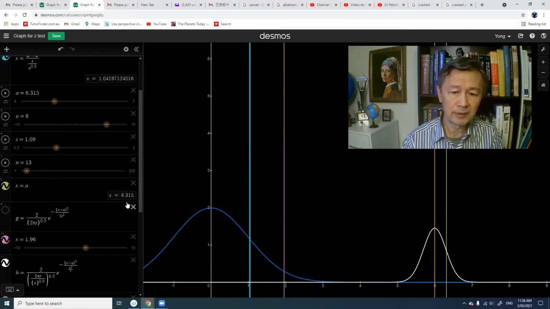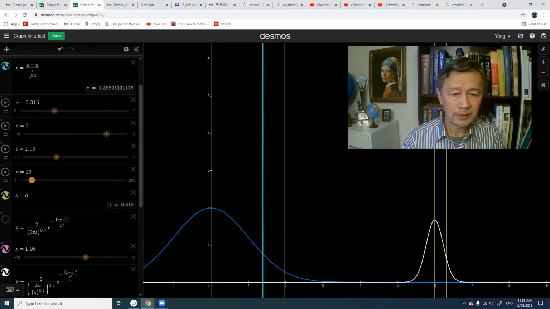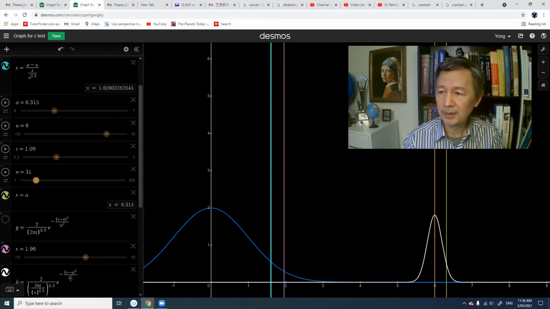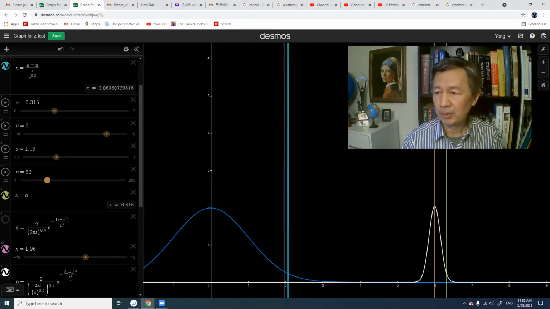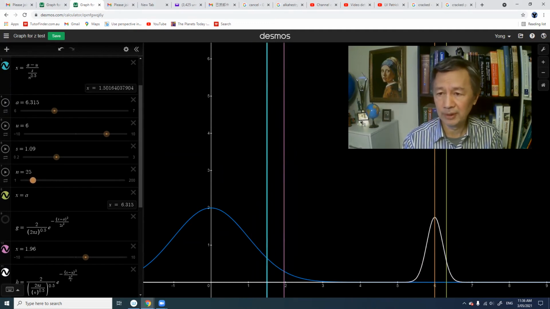Of course, this relation itself is just a hypothesis, an estimate.